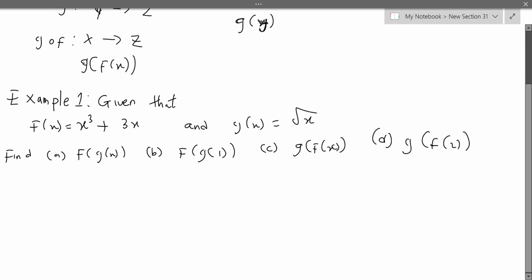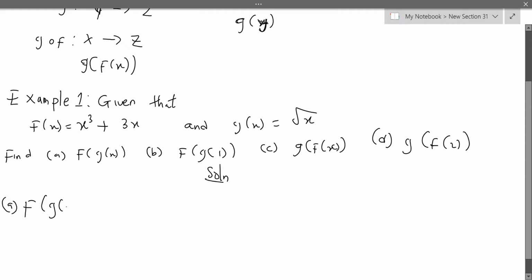Okay, so let's talk about the solutions. Starting with A, we are looking for f of g of x. So g of x is defined as the square root of x, and f of x is defined as x cubed plus 3x. How do we find f of g of x? Very simple.